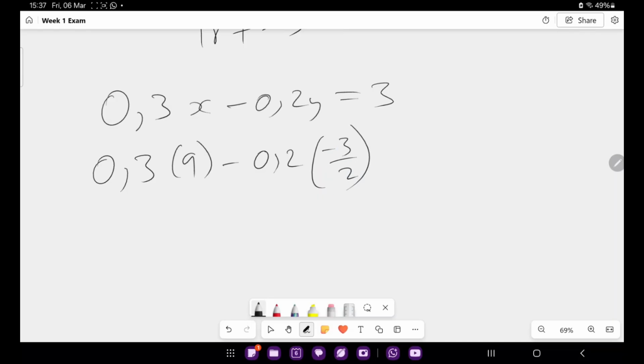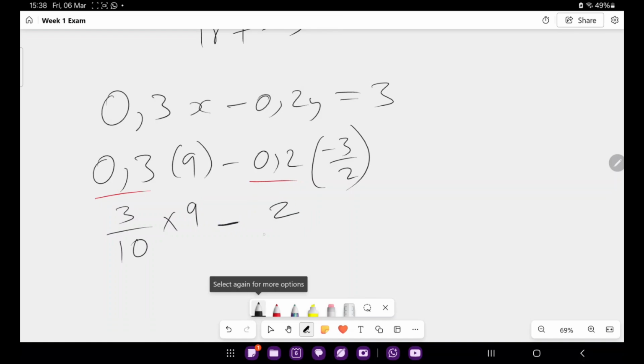Okay, so we're going to change these decimals into fractions. So 0.3 becomes 3 over 10 times 9 minus 2 over 10 times minus 3 over 2.